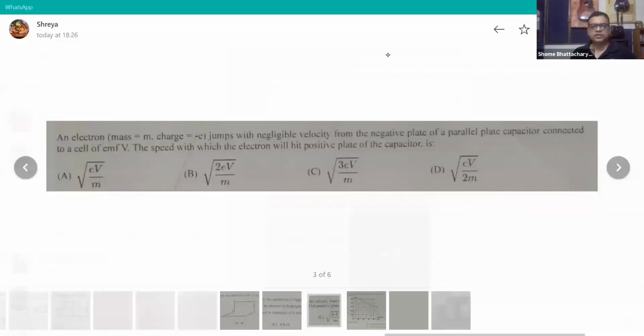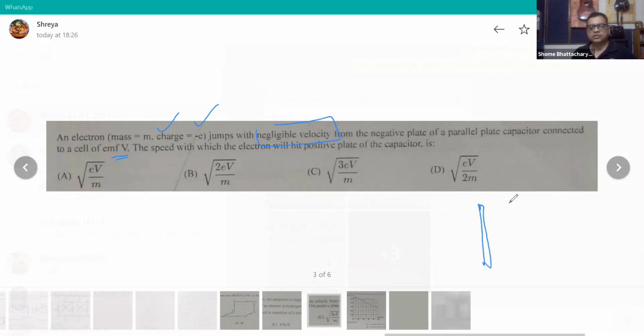Okay, so let's look at this one next. An electron of mass m and charge e jumps with negligible velocity from the negative plate of a parallel plate capacitor connected across an EMF E. Find the speed with which the electron will hit the positive plate of the capacitor.